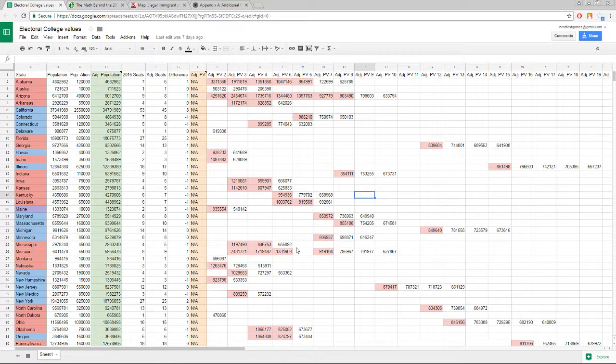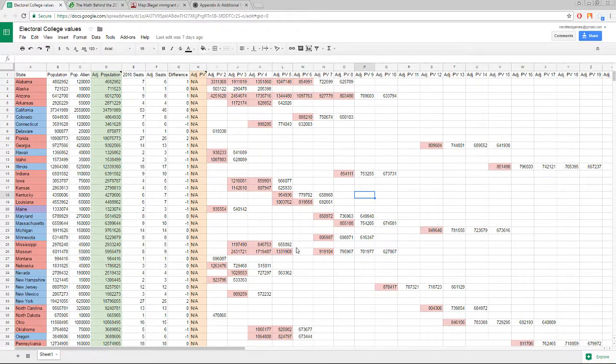So the Electoral College overall, I'm not ripping on it. It's very good, but there does need to be some reform. To summarize, the reforms need to be to get illegal immigrants out of the total population of each state and the census, and we need to get the popular vote tied to the electors, so that the electors are legally obligated to vote the way the popular vote goes, or however the state determines.